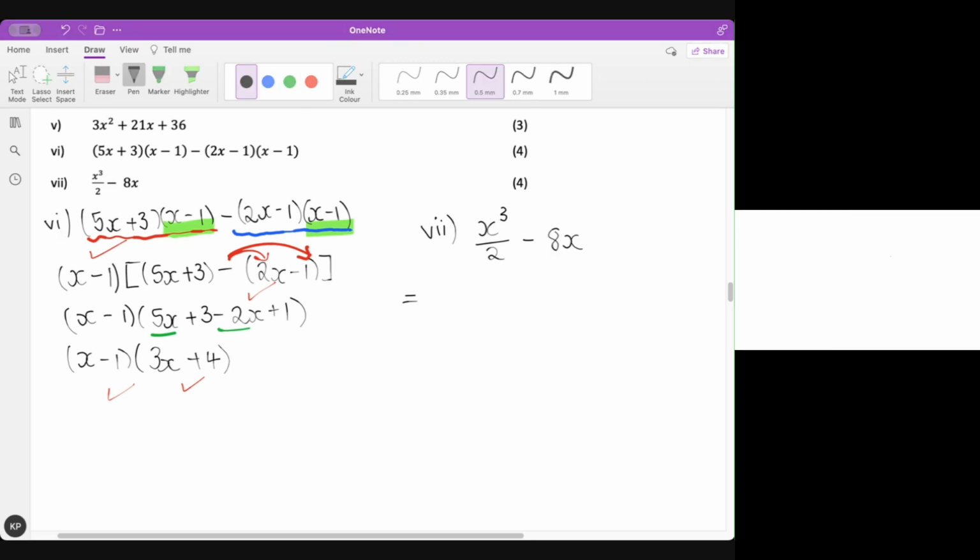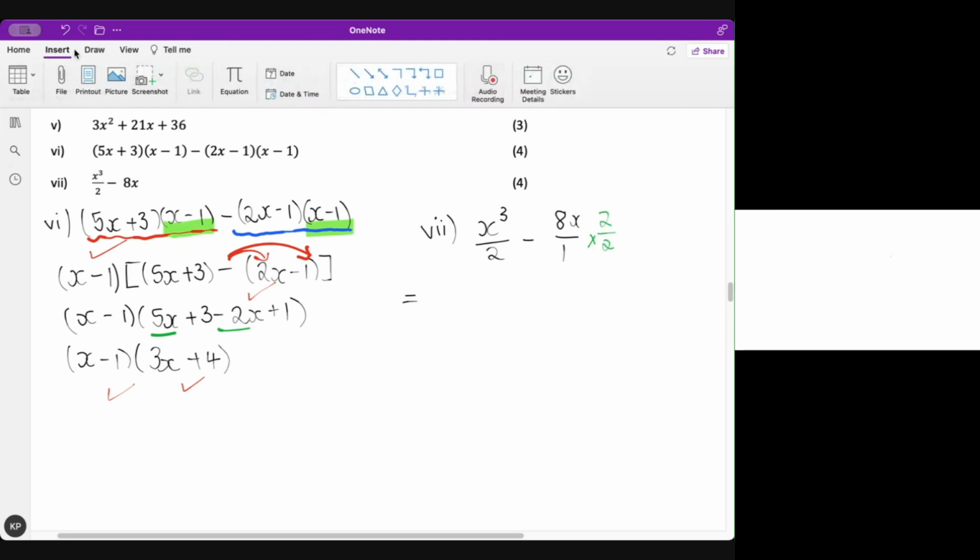What would you do, guys, if you had this in a paper? 100%. I would do that as well. So your LCD is going to have to be what? Your LCD. If 8x is over 1, which it is, then your LCD is 2, which means I'm multiplying 8x by 2 over 2.